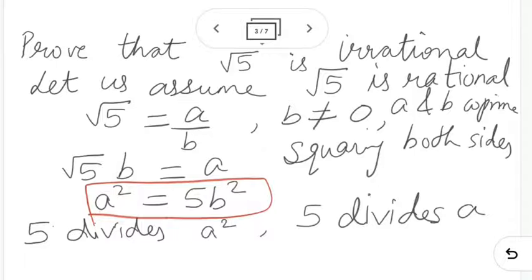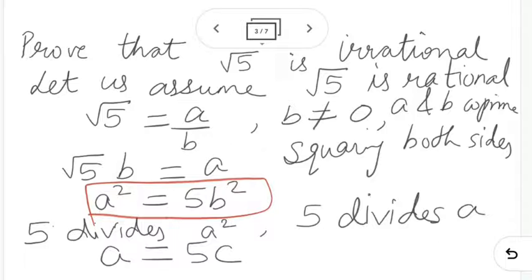So what we can say is, if 5 divides A square, then 5 divides A, which shows that 5 is a factor of A. So we can write A equals 5C.